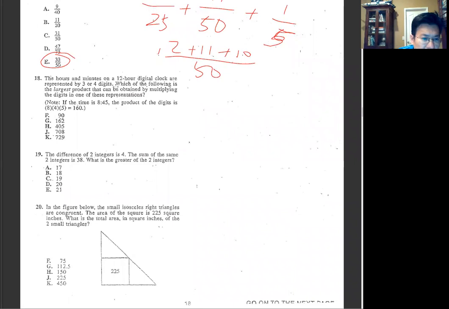The hours and minutes from 12 to 0 o'clock represent the 4 digits. Following is the largest product obtained by multiplying the digits in one of these representations. So the biggest one.